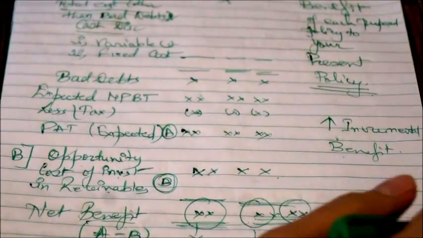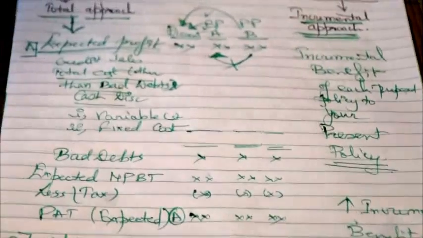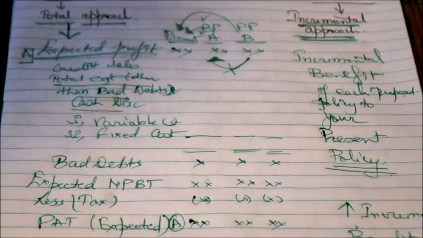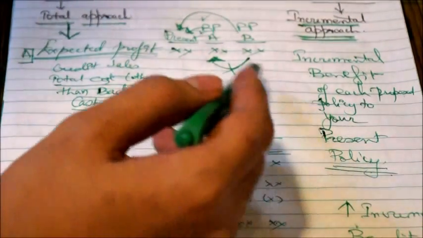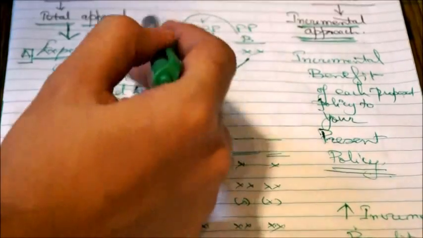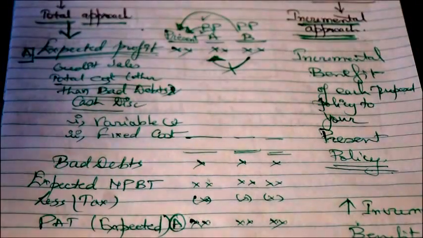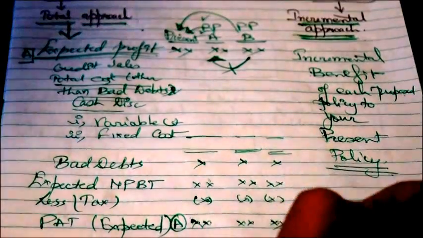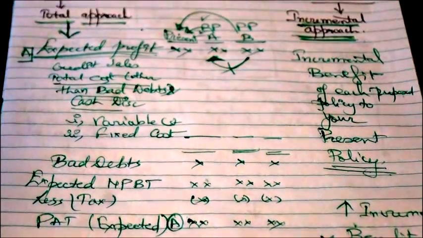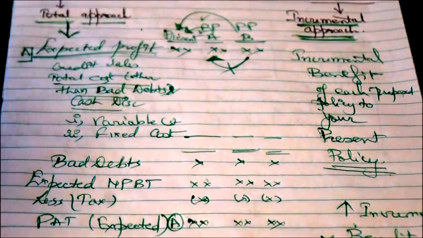Whereas in the incremental approach, you will go ahead and you will just find how much is the incremental benefit from your present policy to your proposed policy, and you will get your incremental benefit, and you will pick a policy whose incremental benefit is most.